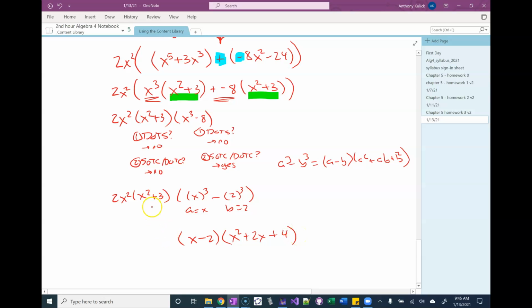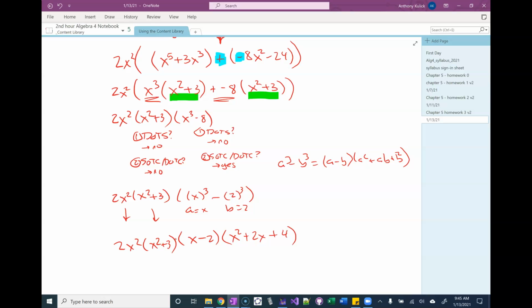And then those other two pieces are just going to come down. Again, we couldn't do anything with them, so they just keep hanging on. After we've decided there's no more factoring we can do with that piece, it just continues to follow. We don't do anything with it, but it needs to be in the final answer.